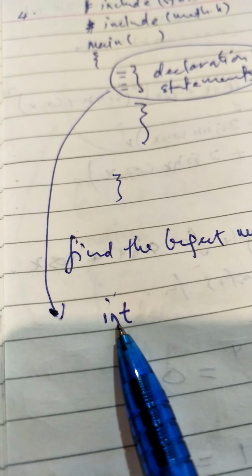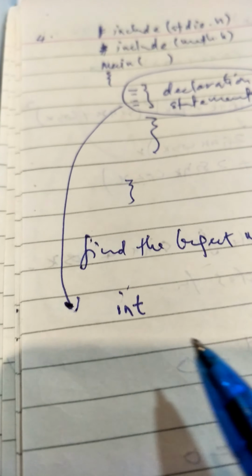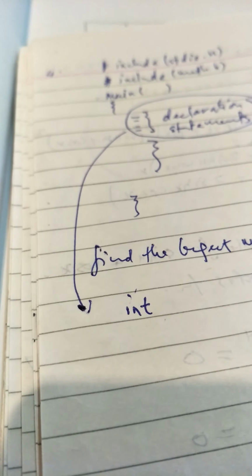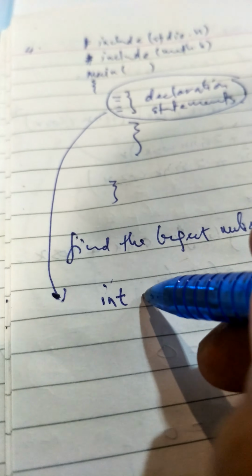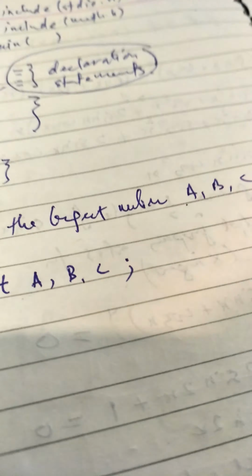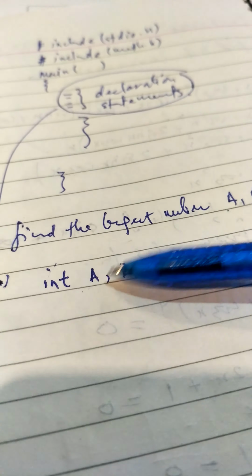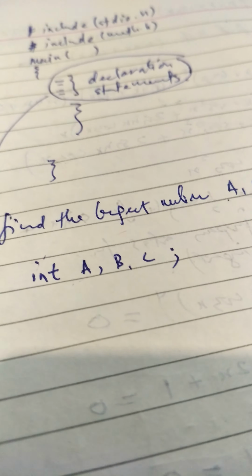If you write int, C recognizes those variables related to int as integers. So in this case, we can put int A, B, C, ending with a semicolon. So A, B, C are integer variables.